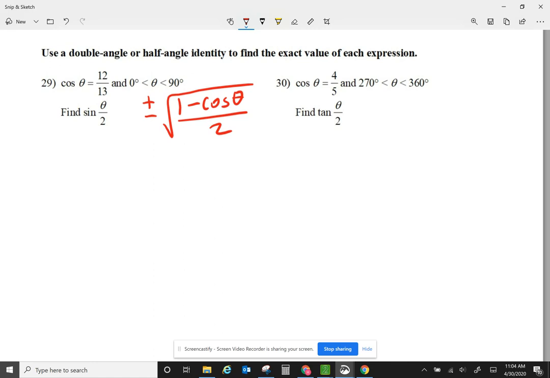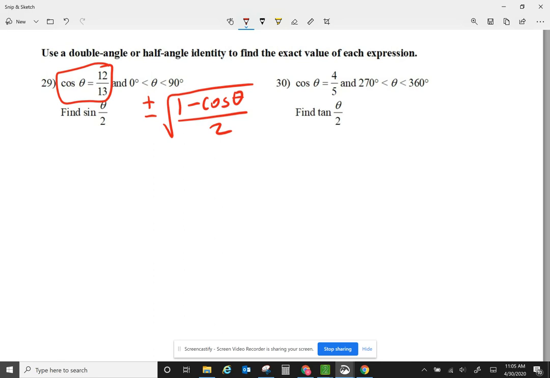Now, when I covered this section, sometimes I did my right triangle to find my opposite, my adjacent, my hypotenuse, because I needed to find a sine, a cosine, or a tangent, depending on the formula. For this one, I just need cosine of theta, and I'm given cosine of theta, so I don't need the right triangle to find the 3 sides.